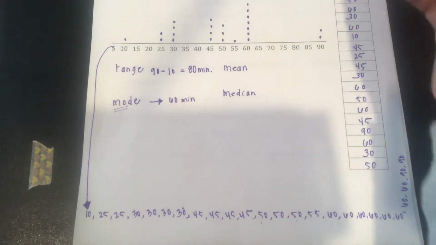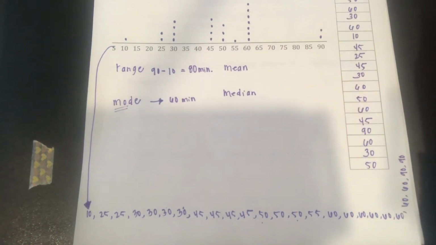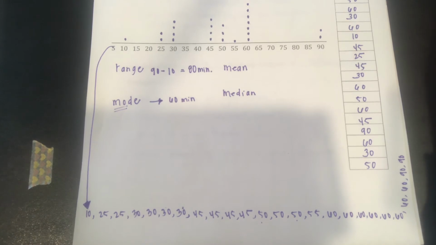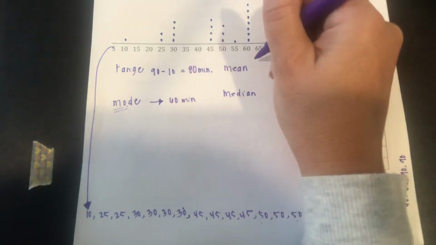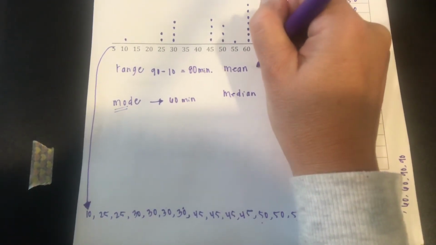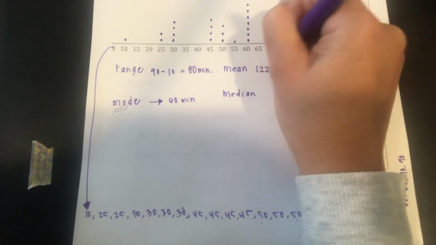So we're going to add up 30 plus 60 plus 45 plus 60 plus 25 and so on and so on. But just to save time, I'm going to tell you that if you add all that up, because hopefully you would use a calculator, right? It's going to equal 1,225.